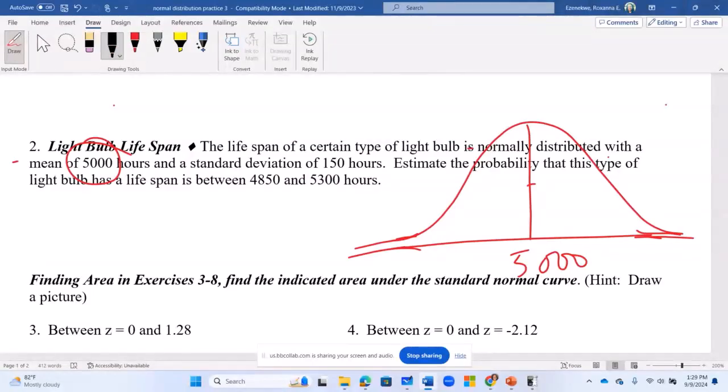If one standard deviation is 150 hours and the mean is 5,000 hours, how many hours is one standard deviation above the mean? Anybody can answer, so let me see if we are following.